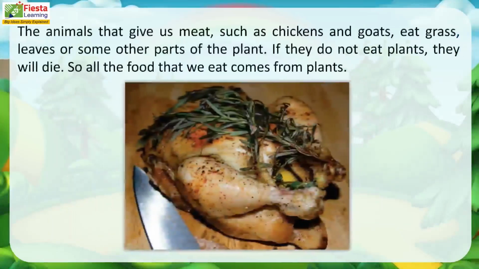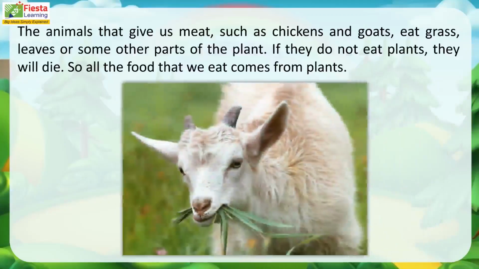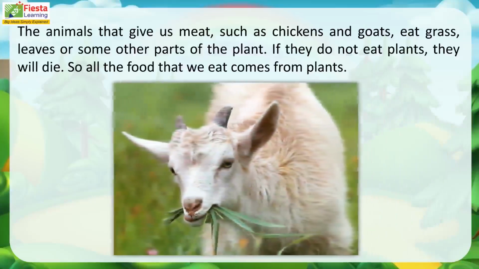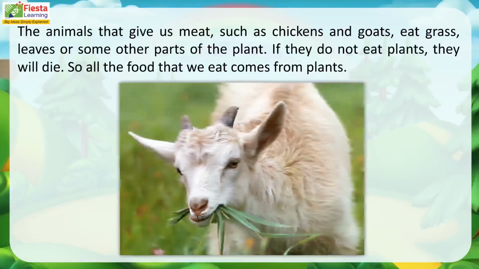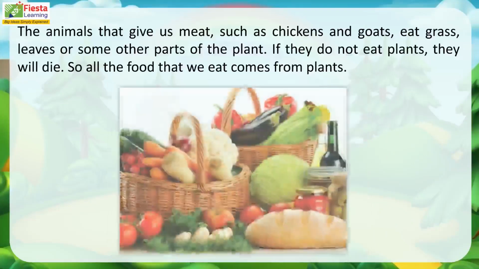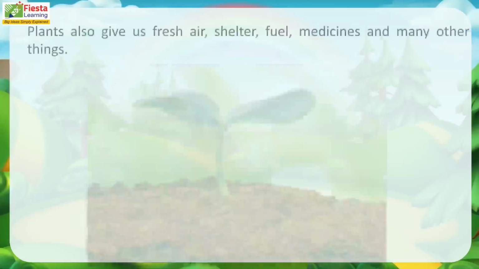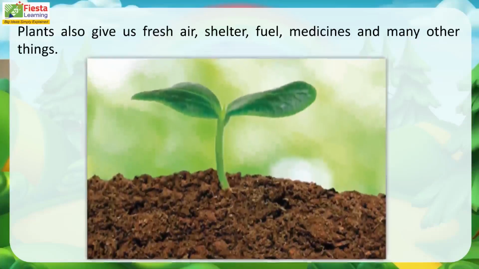The animals that give us meat, such as chickens and goats, eat grass, leaves or some other parts of the plant. If they do not eat plants, they will die. So all the food that we eat comes from plants. Plants also give us fresh air, shelter, fuel, medicine, and many other things.